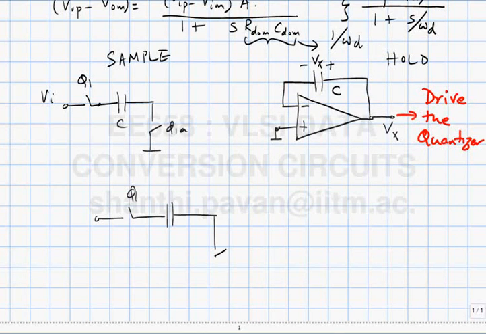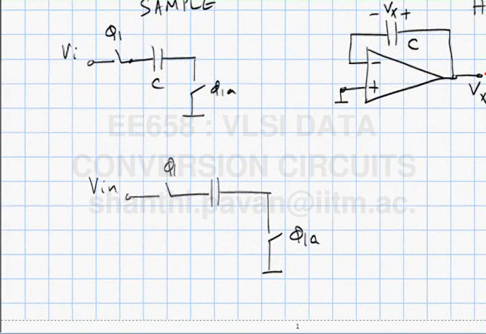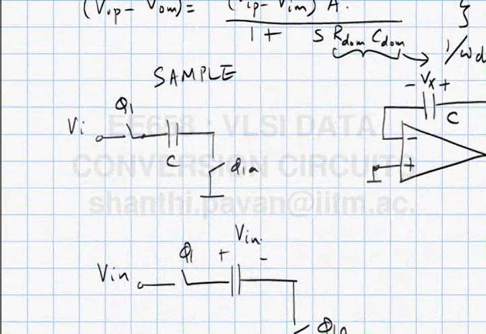So combining both of them into one circuit, this is phi 1a, this is Vin, and the voltage that's held on the capacitor is Vin at what time? At what instant is the input sampled? At the falling edge of phi 1a.